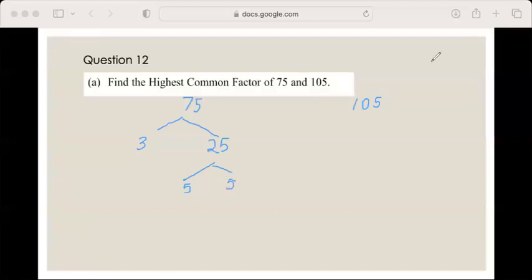Okay, we have factorized this. 105 is 3 times 35. 35 can be written as 5 times 7. So now we have the prime factors of the two numbers. Here, 3 times 5 squared, and here 3 times 5 times 7.